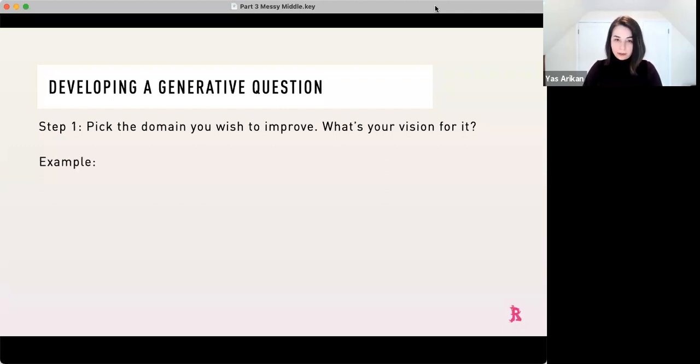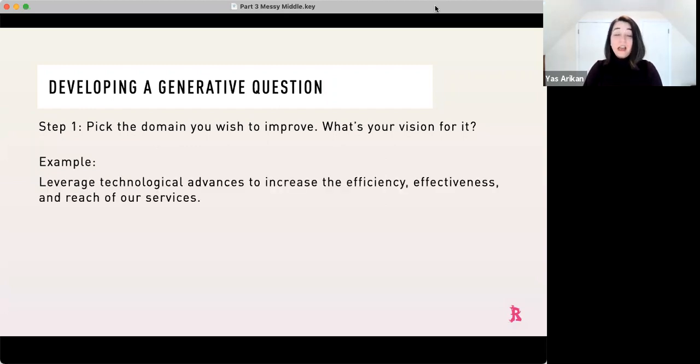I'm going to demonstrate using this example. Maybe your issue does not sound anything like this, but this is the kind of thing I tend to work with when the time comes to use a generative question in our foresight work. This is the kind of result that participants are trying to convert into a generative question.